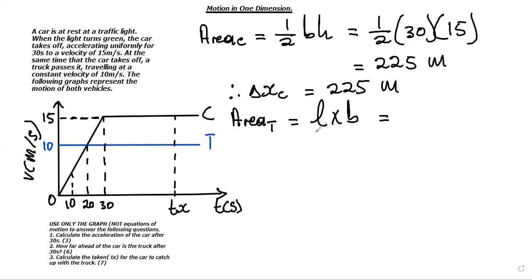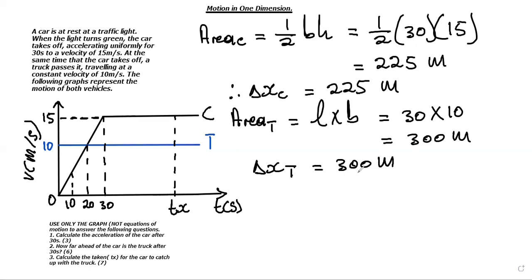And then you'll say the length of this will be 30 seconds. The breadth will be 10 meters per second. So if you say 30 times 10, you get 300 meters. Then you can conclude and say the displacement of the truck after 30 seconds will just be 300 meters.